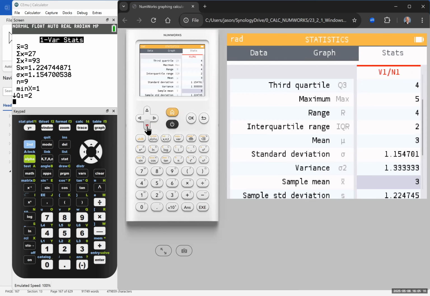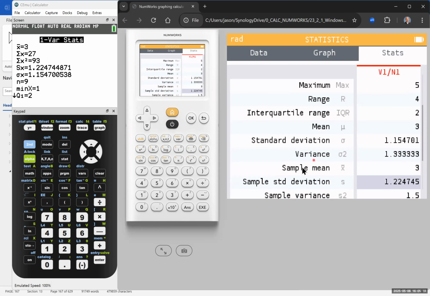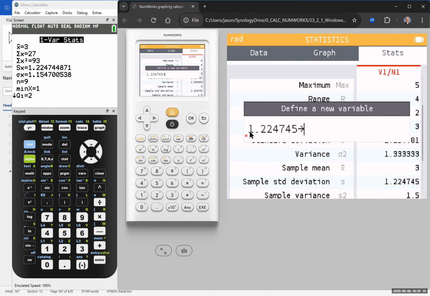The other thing we need is the sample standard deviation. You can see it's 1.22475. We're getting the same values we got on the Texas Instruments. But I'm going to store this in a lowercase s. So again, I'm going to hit shift, this X to the Y key, which means I want to store this. Now this will be a lowercase s.